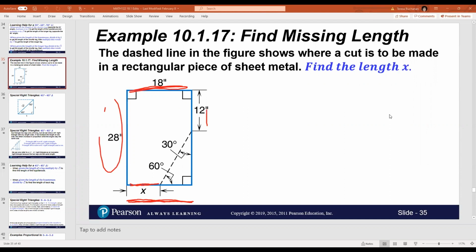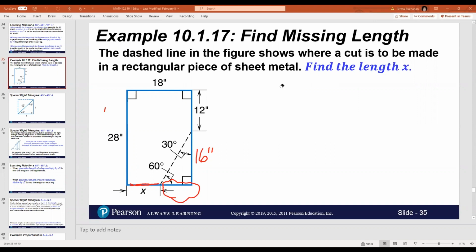If this much is 12, then we know this much has to be 16. Again, what we need here to answer the question, find that X, is really this distance, right? We need that length, because we could take that off the 18 and we get the X.